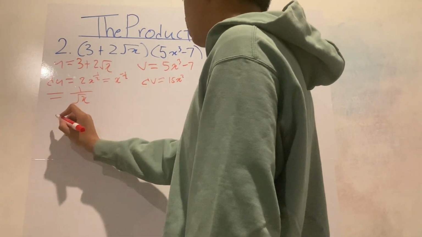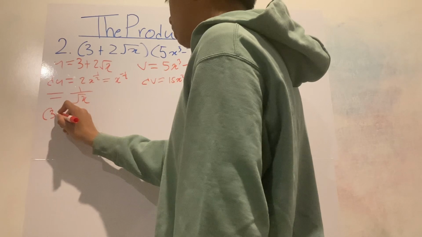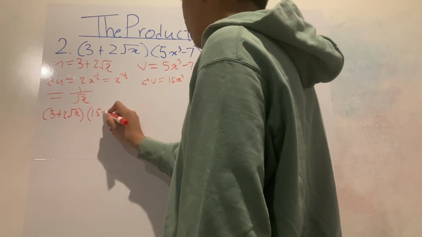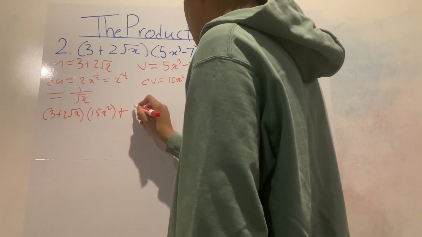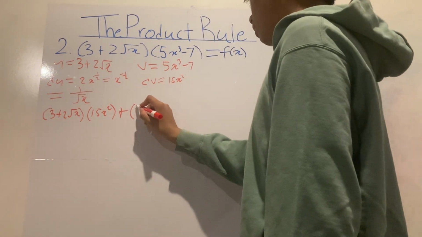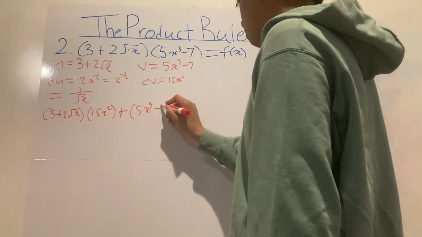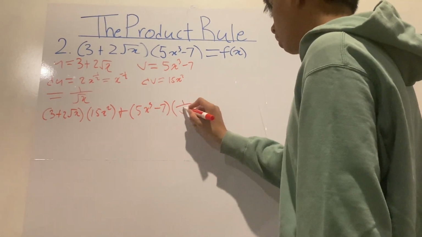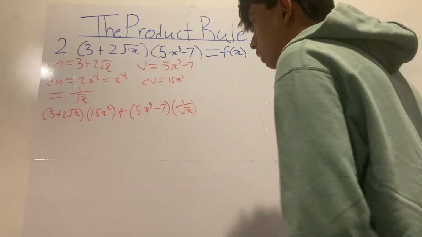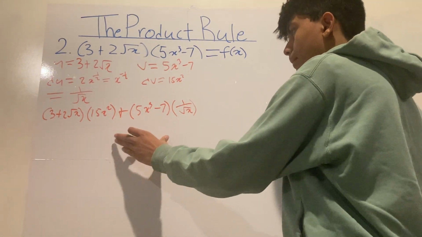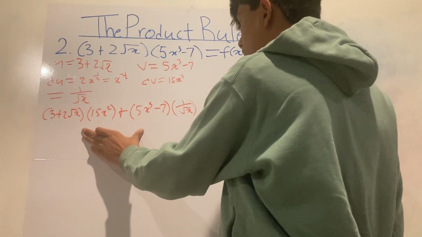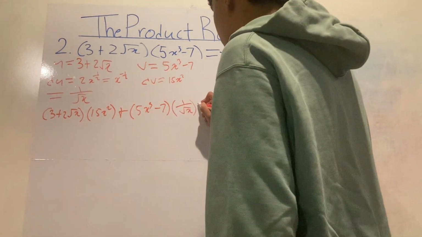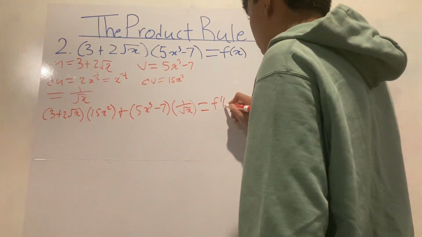So u times dv is just 3 plus 2 root x times 15x squared, plus 5x to the 3 minus 7 times du, which is 1 over square root x. So technically we can simplify, but it's not going to simplify by much because of all the radicals and negative exponents. So we can just leave our answer as this.